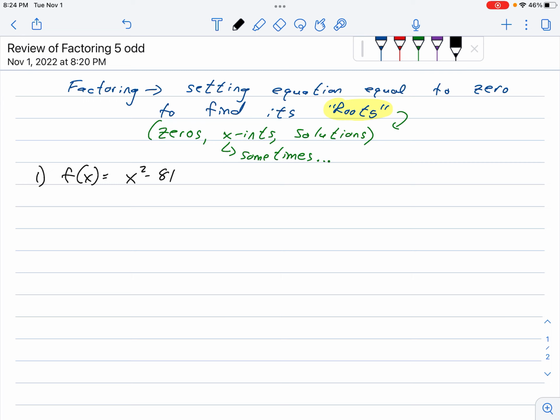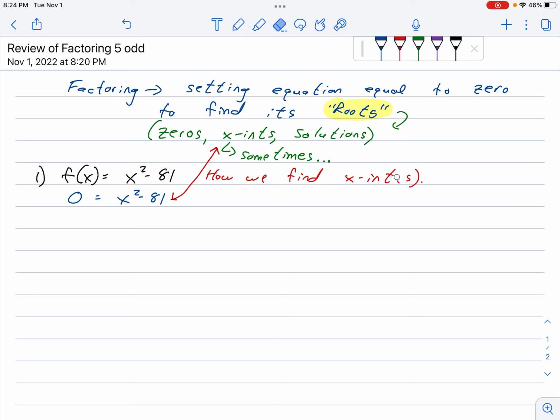When I said find the x-intercept, I said take the mx plus b and set it equal to 0. We're basically doing the same thing. That's our general procedure for how we find the x-intercepts.